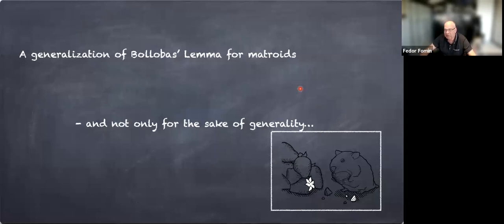Also, surprisingly, by using matroids we'll be able to get another and better algorithm for computing representative sets. So here we generalize Bollobás lemma, and the algorithm for representative sets, for matroids.